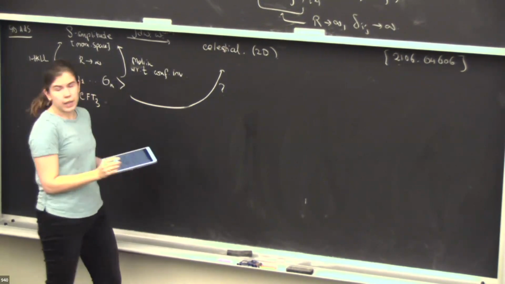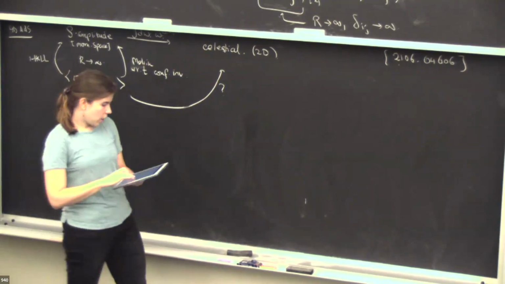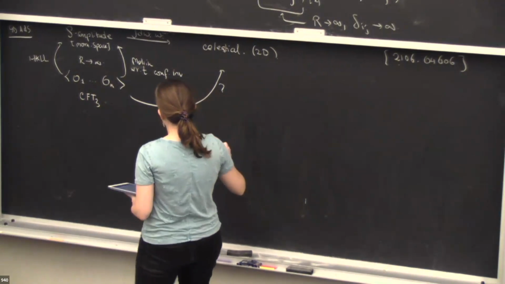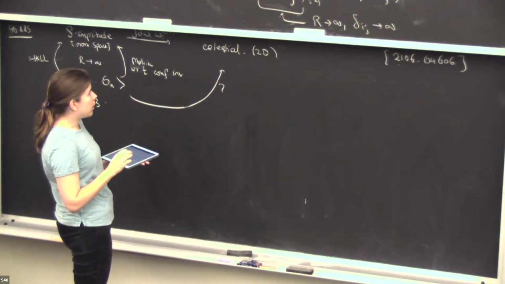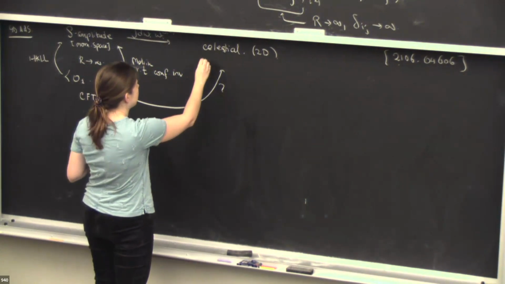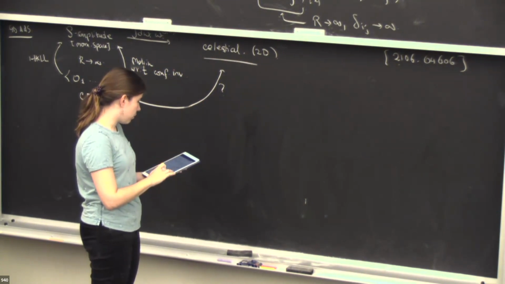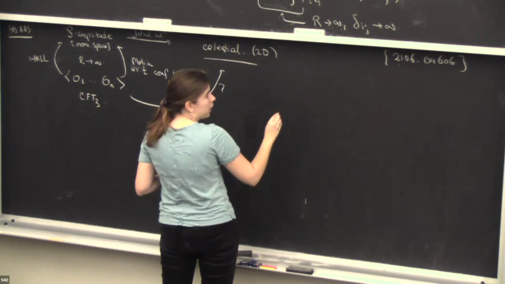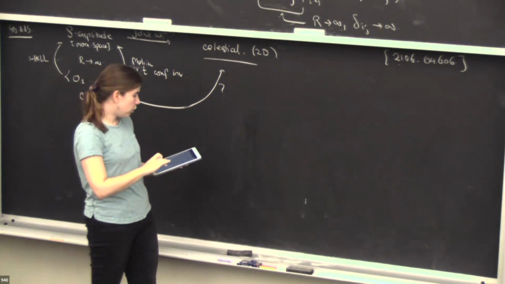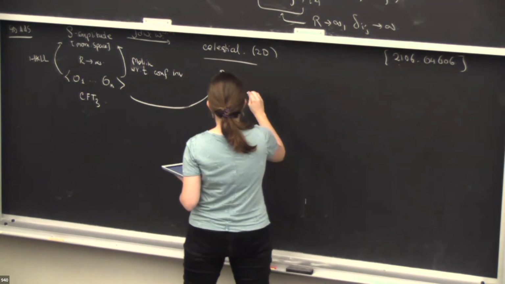So yeah, to see how this works, let me just discuss another way of obtaining celestial amplitudes in 2 dimensions. So of course one can apply the prescription that I said before, but one can also start.